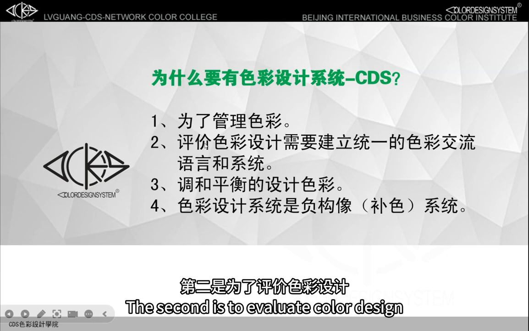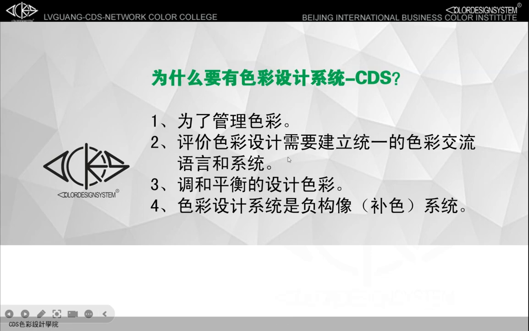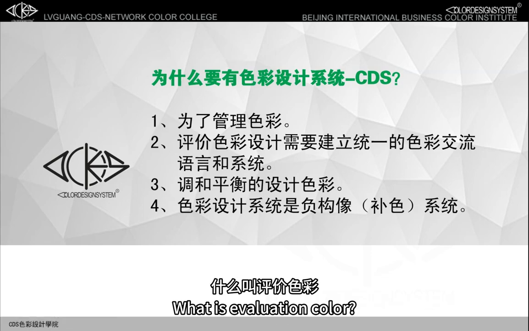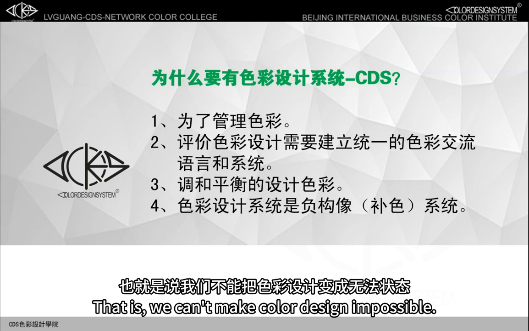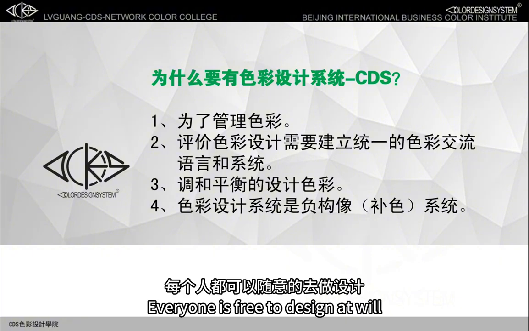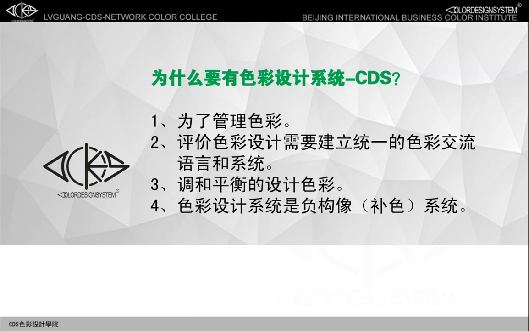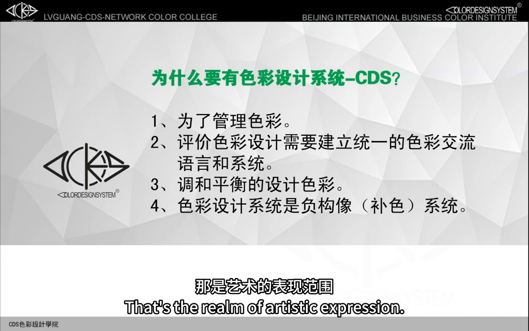The second is to evaluate color design. There is a need for a unified color communication language and system. What is evaluation color? It means we can make color design impossible. Everyone is free to design at will. It's okay to express your heart at will. That's the realm of artistic expression.